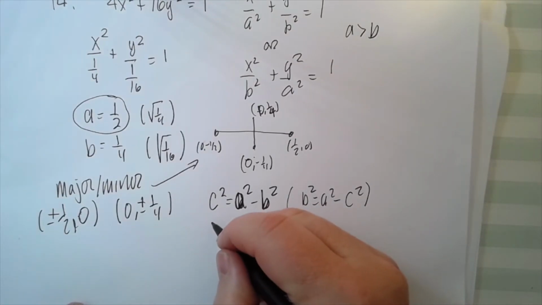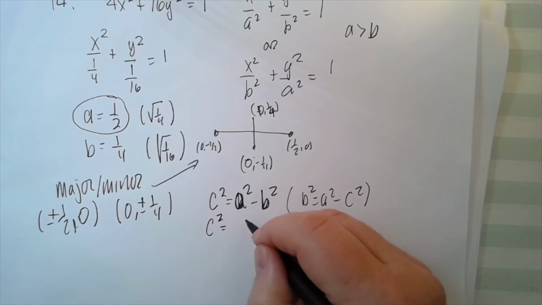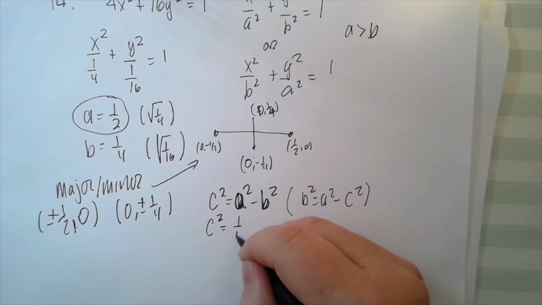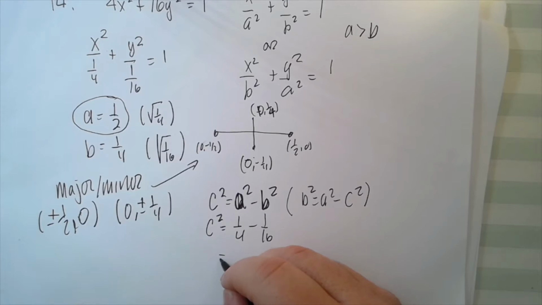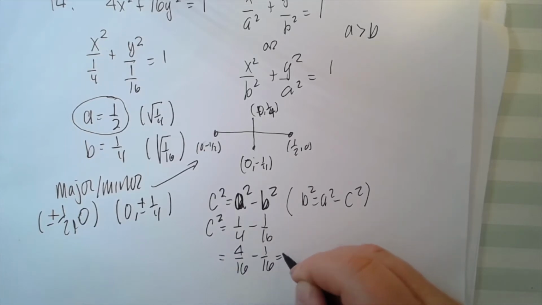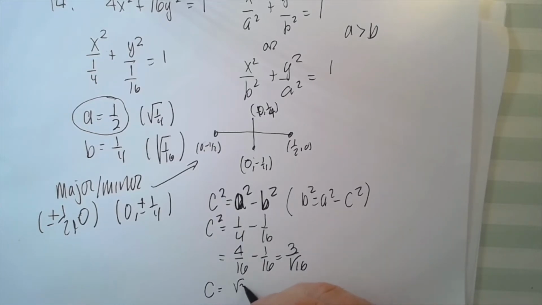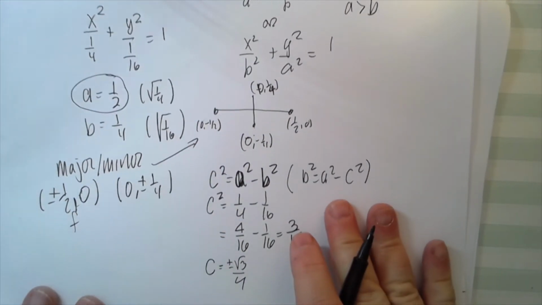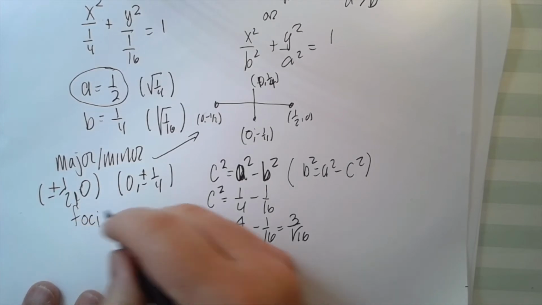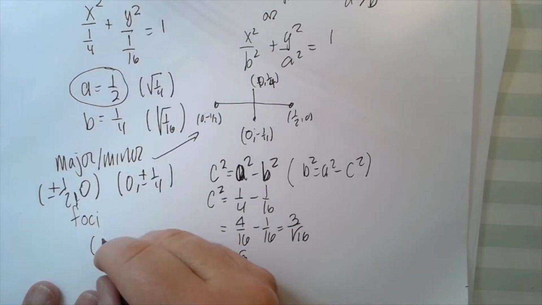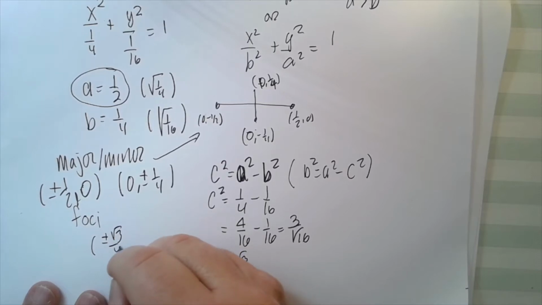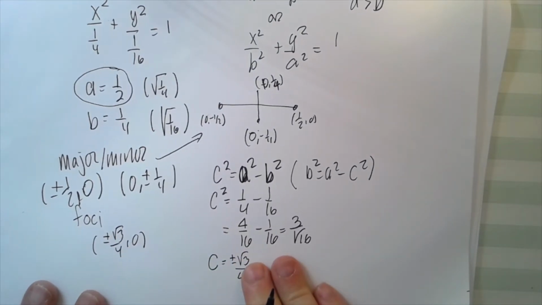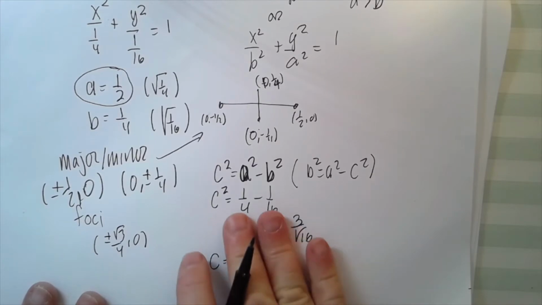So if I plug these things in, I would get c squared is equal to 1/4 minus 1/16, which is 4/16 minus 1/16, which is 3/16. So c is square root of 3 over 4. So our foci are, because they're on the major axis, plus and minus square root of 3 over 4, 0, like that. And that would give us our three answers that they want.